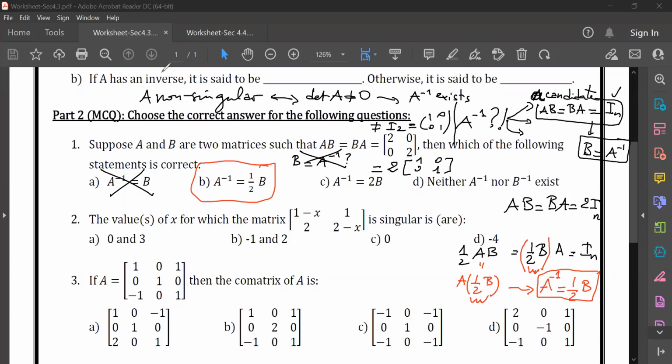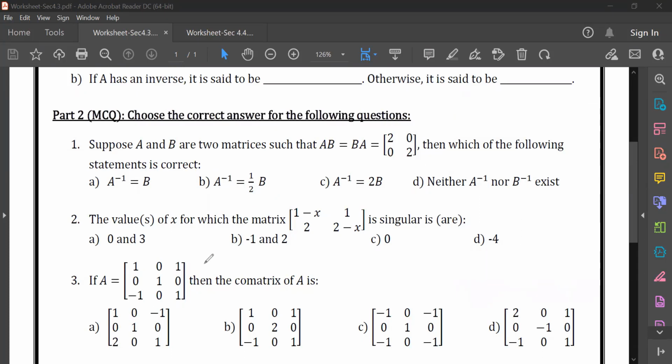Question 3. Give the co-matrix of A. What is the co-matrix of A? Here, matrix A is of order 3. Here, the matrix is of order 3 also.